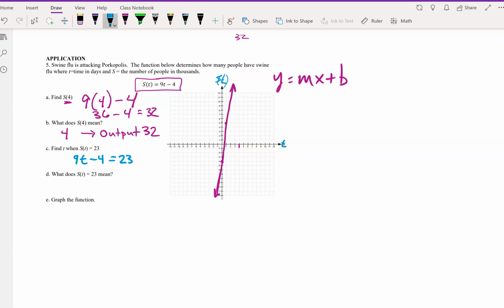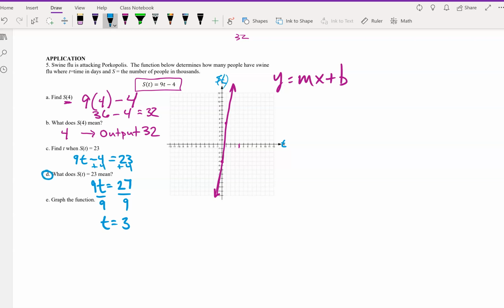Okay. So if we add 4 to both sides, stick with me on this idea here, because we're still going to be doing a lot of work with function notation as we continue with our linear functions. And we get 9t is equal to 27, and we divide by 9 and get t is equal to 3.